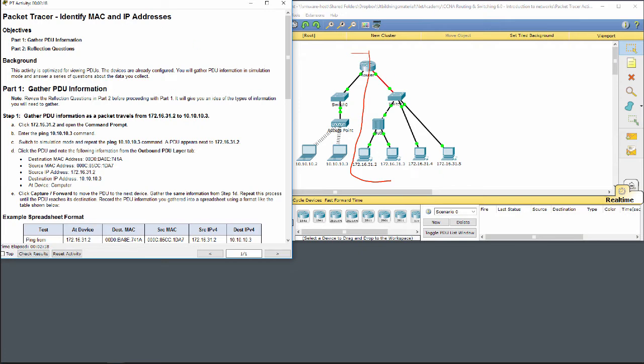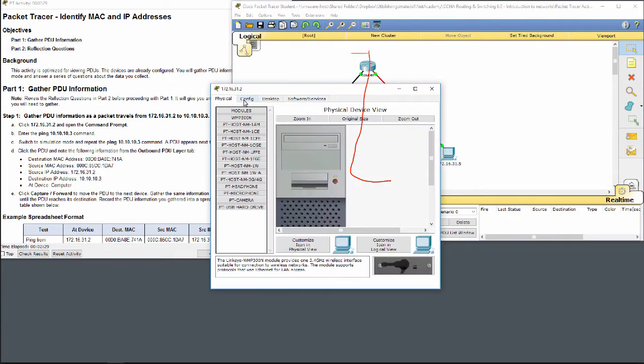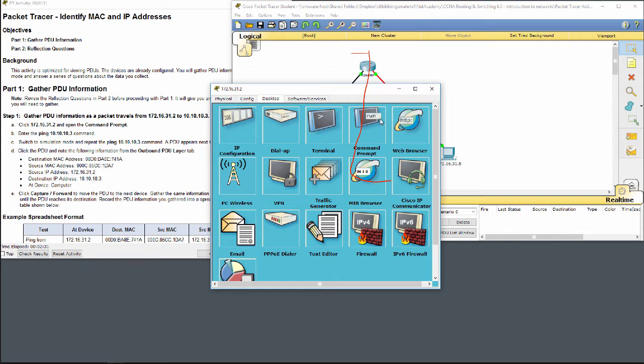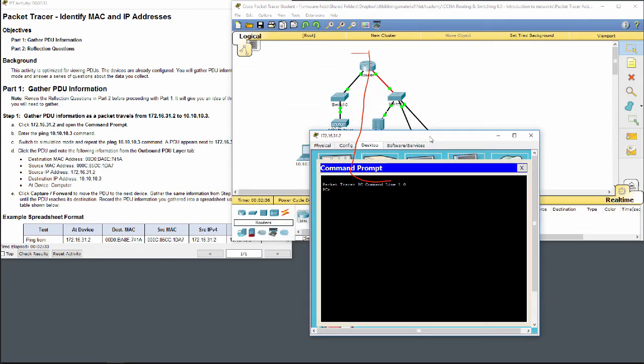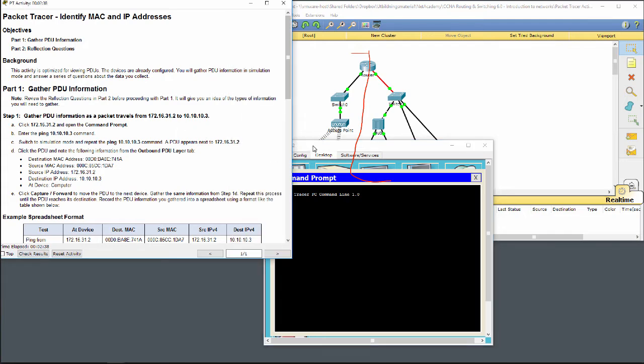So we are asked to open a command prompt on the machine called 172.16.31.2. So we will do that. And we are asked to ping 10.10.10.3.